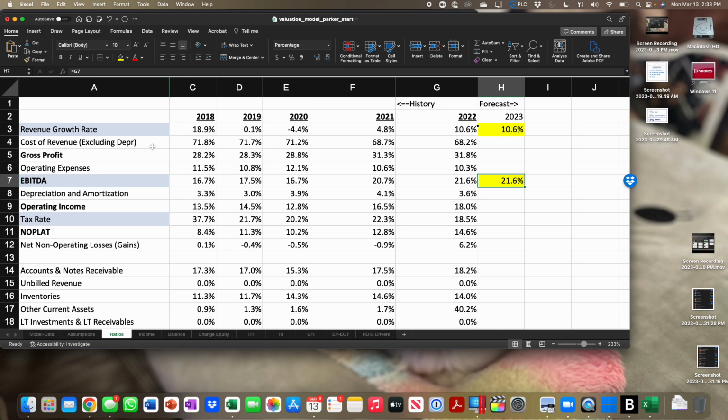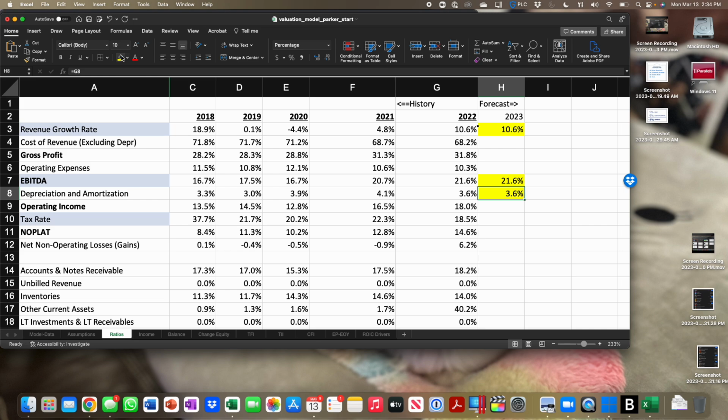Right? Now, next is depreciation and amortization as a percentage of sales. Again, equal the previous year, yellow. So H8 equals G8. Next line item is operating income, solve. EBITDA, operating income, depreciation: pick 2, solve for the third. I've picked EBITDA to forecast. I've picked depreciation to forecast.